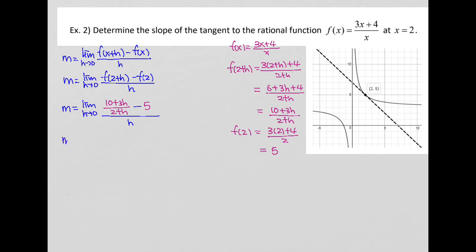Since we have a fraction inside a fraction, we're going to change the division by h into a multiplication. And in the numerator, there are two terms, but we are trying to combine them into one fraction, so we have to find a common denominator, which is 2 plus h. So minus 5. 5 is 5 over 1, but I have to multiply by 2 plus h in the denominator and multiply by 2 plus h in the numerator, and divided by h.